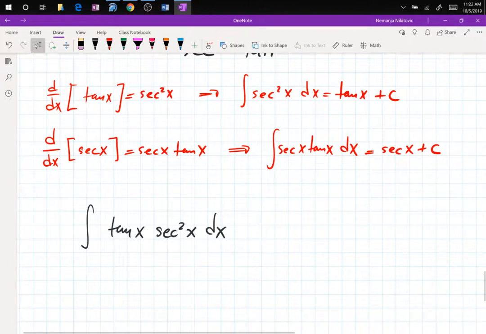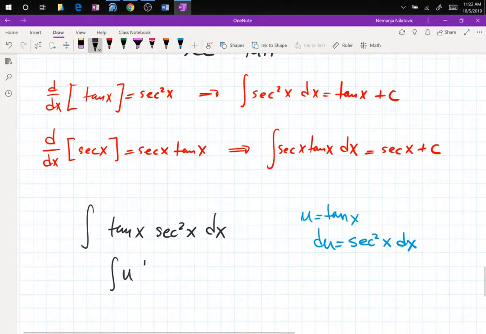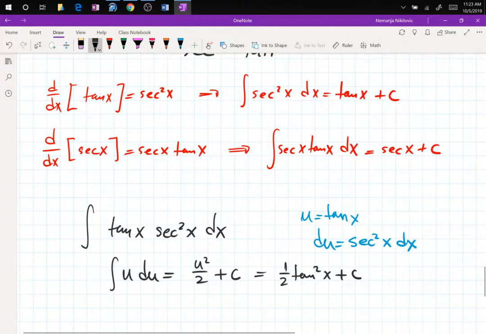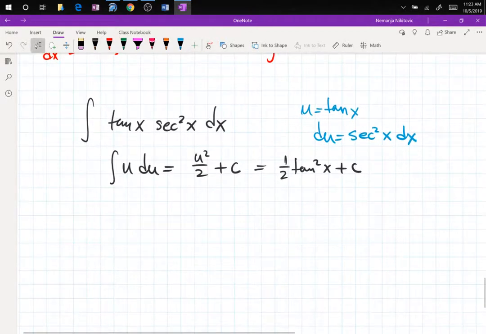You can do your u sub. So immediately u equals tangent x, du equals secant squared x dx, and we have the integral of u du, which is u squared over 2 plus c, which is 1/2 tangent squared x plus c, and you move on with your life.